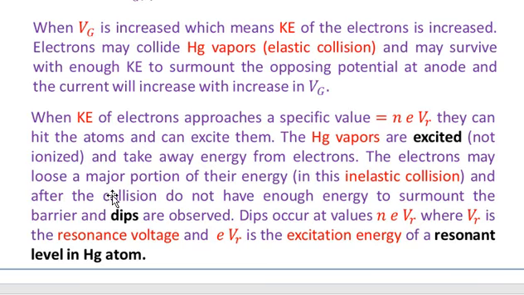The electrons may lose a major portion of their energy in this inelastic collision, and after the collision do not have enough energy to surmount the barrier, and dips are observed in the current. Dips occur at the values when the electron energy matches the energy required in the excitation of the mercury atoms, and this energy is n times EVR, where VR is the resonance voltage and EVR is the excitation energy of a resonant level in the mercury atom.